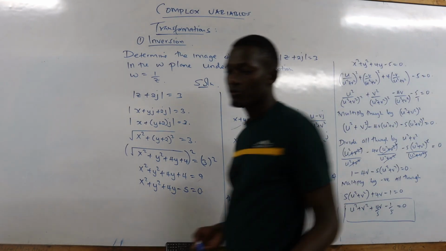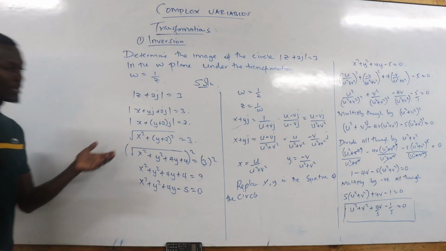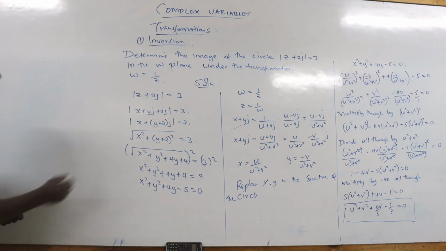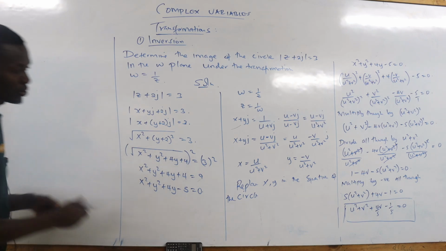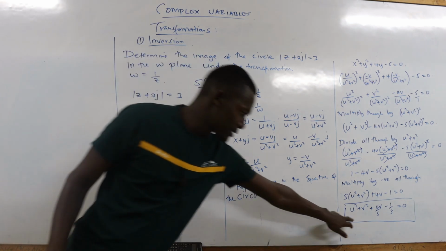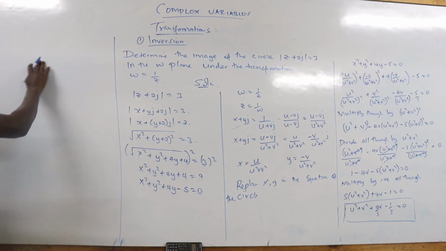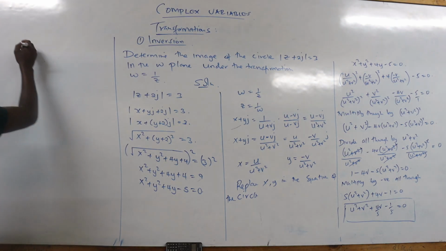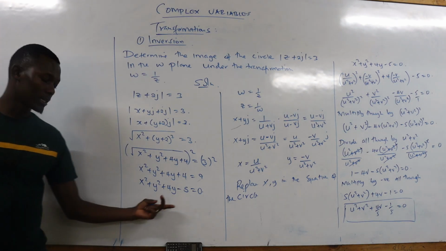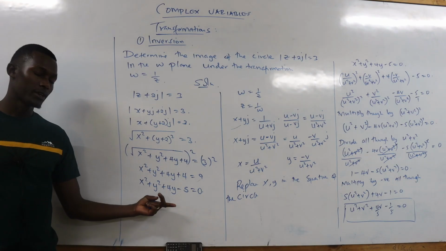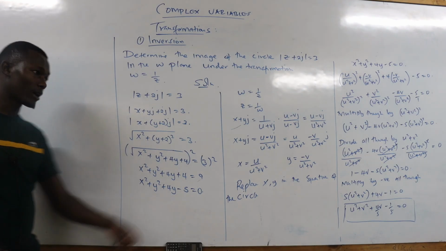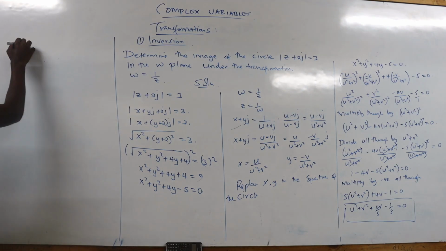Now, what if you're told to find the center and the radius to that particular equation? So you're told to find the radius and the center of that particular equation. So we know the general formula of a circle. I'll start in regards to x and y.